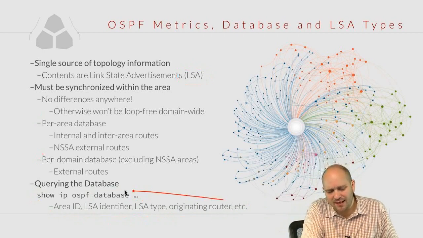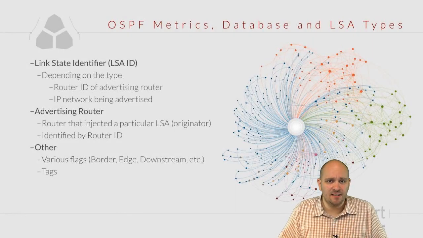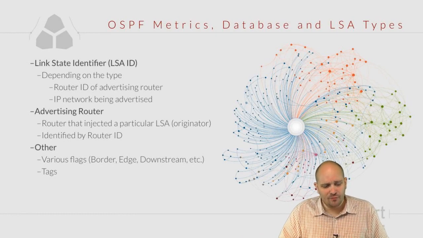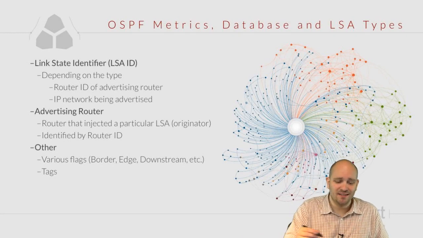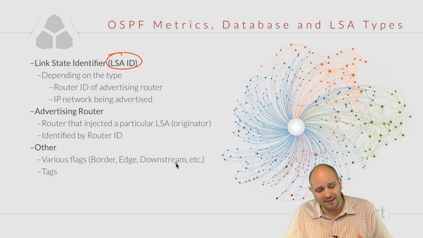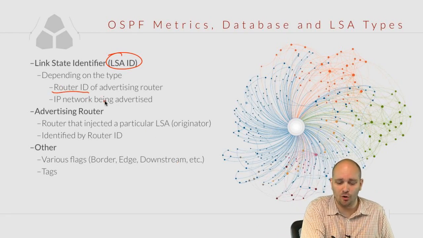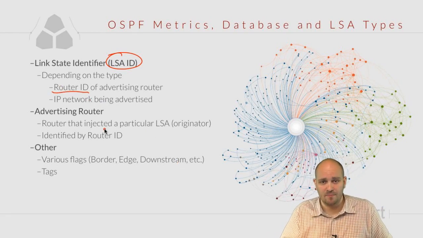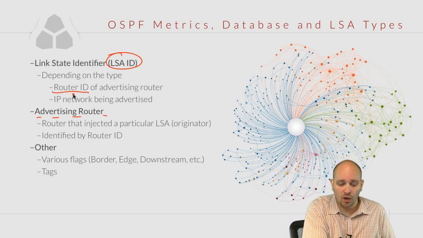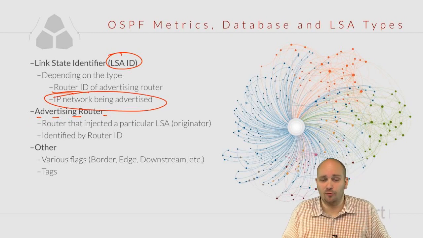So let me explain these terms a little bit. Each LSA is identified in the database with several components. These are primarily the link state identifier, which can be a different thing depending on the type of LSA. It can be either the router ID of the router that injected this LSA, which is also called the advertising router, which I'm going to talk about in a moment, or, depending on the LSA type, it can be the network being advertised.